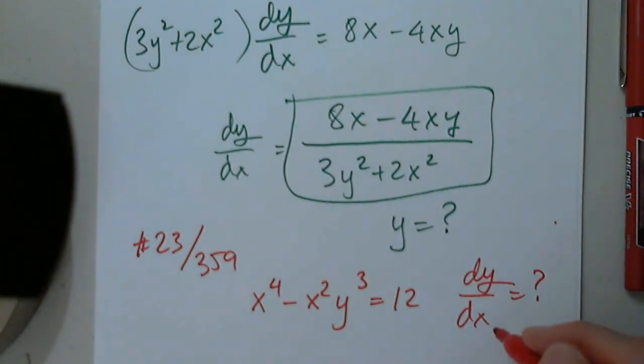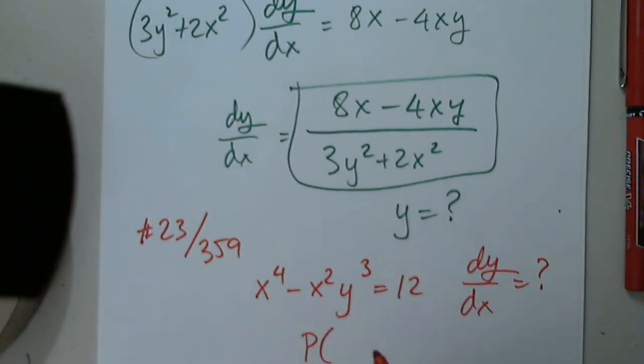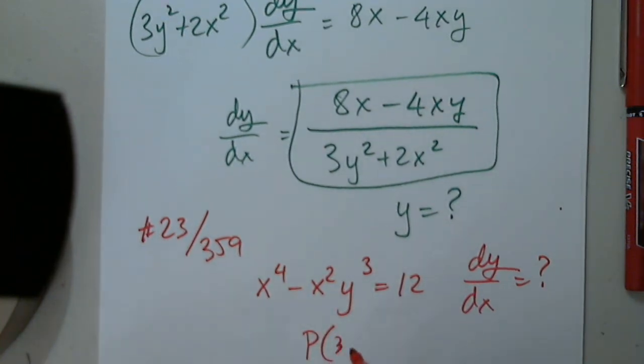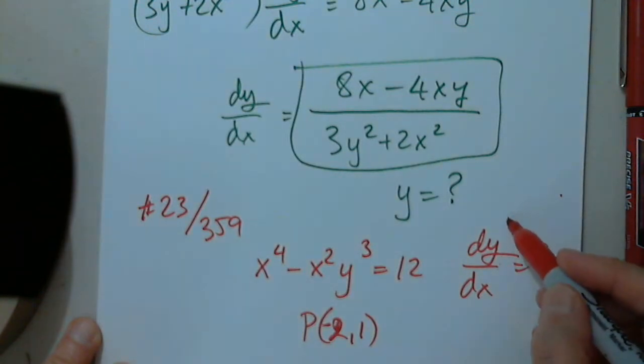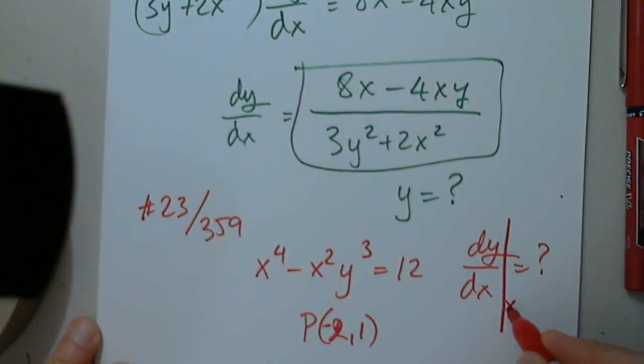So in other words, they're giving us a point. I'd like to call it P, negative 2, 1. Once I find this, not a problem. I'm going to say x equals negative 2, y equals 1, and plug it in.